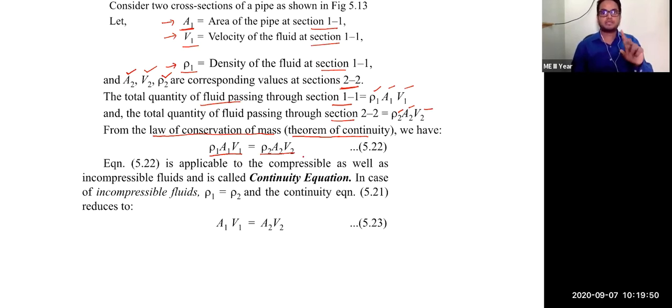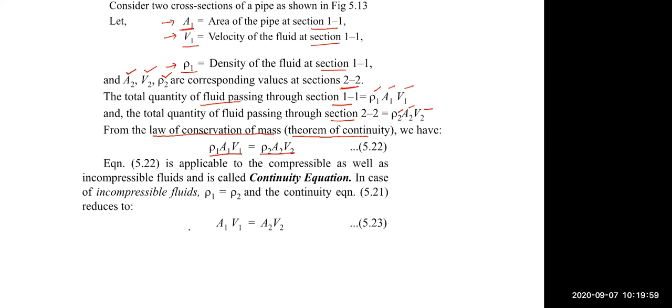Now here the terms compressible and incompressible are coming. I will change the color of the pen. Wait a minute. Here the terms compressible flow and incompressible flow are coming.